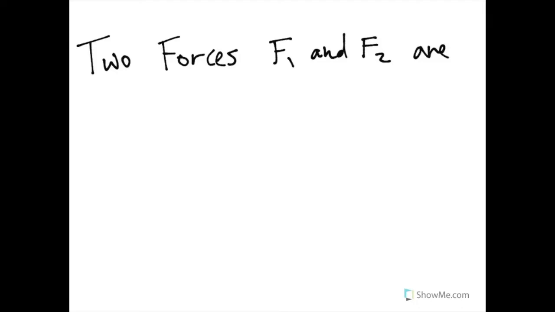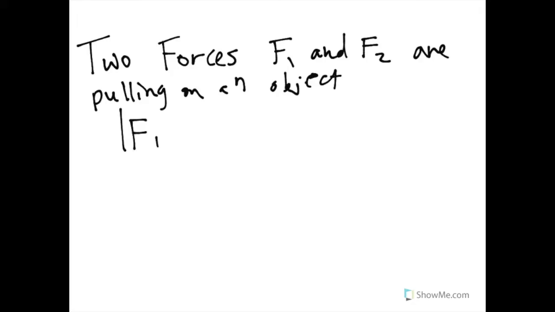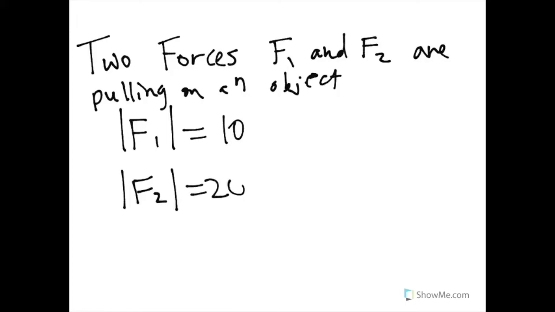So two forces, F1 and F2, are pulling on an object, and we know their magnitudes. F1 has a magnitude of 10, so here's our notation for the magnitude. It looks like an absolute value. And then the magnitude of force 2 is going to be 20.